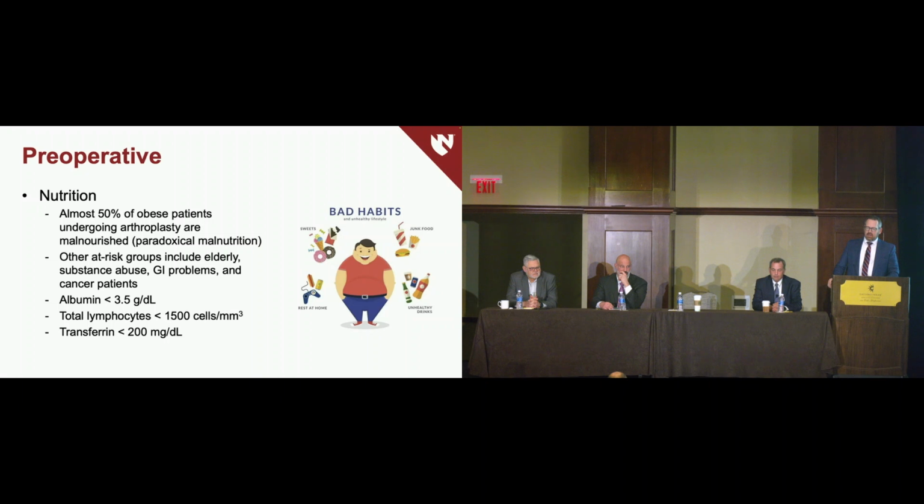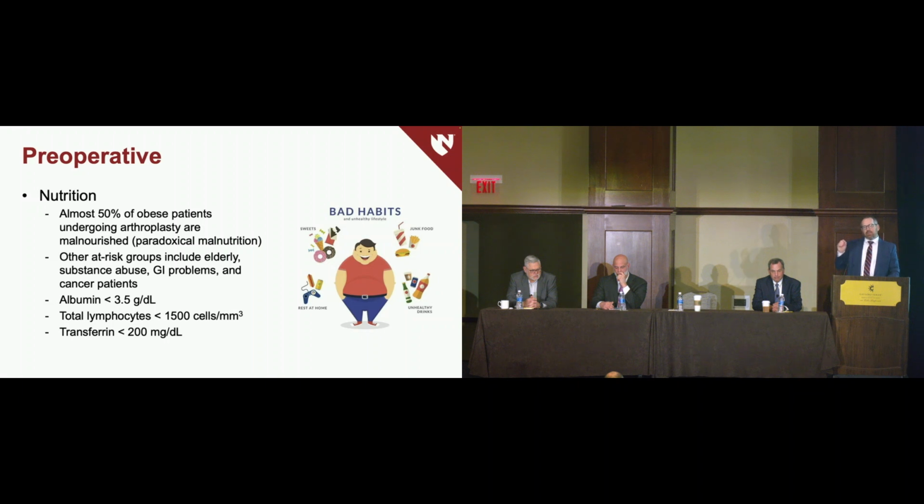What is fascinating is if you look at obese patients who are undergoing arthroplasty, almost 50% of those patients are malnourished, what we would call paradoxical malnutrition. This appears to be because of the way they consume calories, a lot of calorie-rich but nutritionally poor foods, so lots of fats, sugars, low complexity carbohydrates.